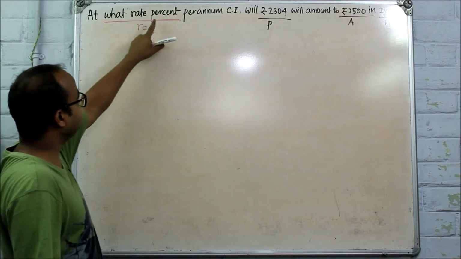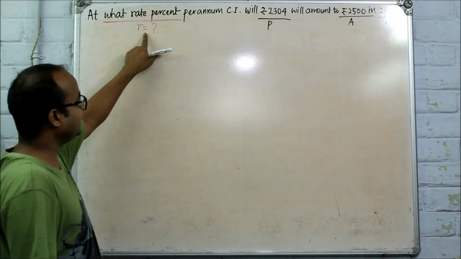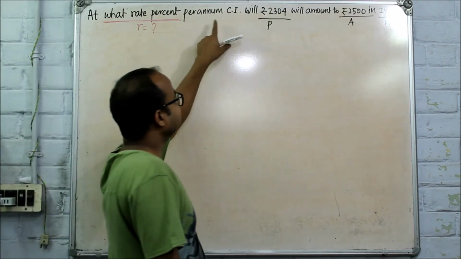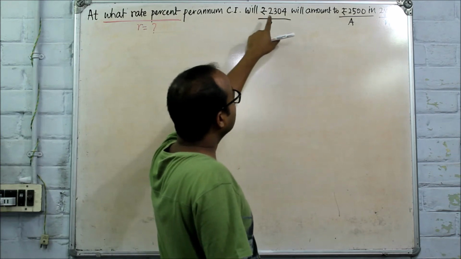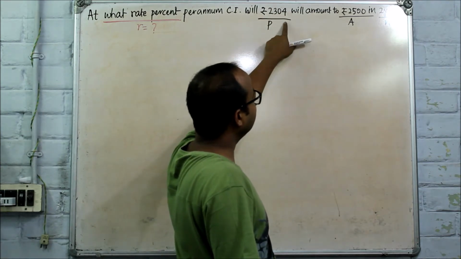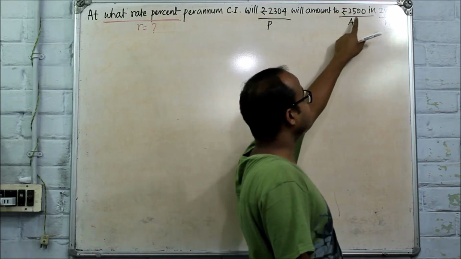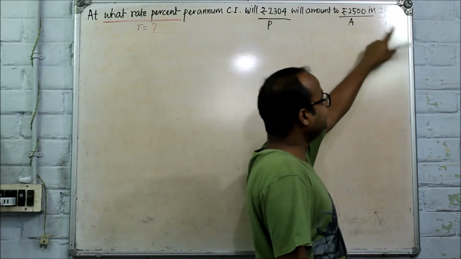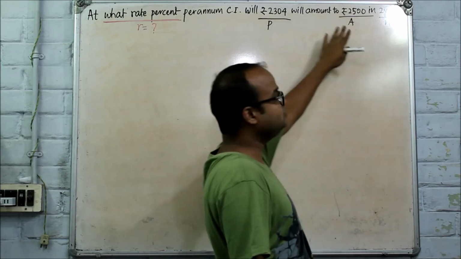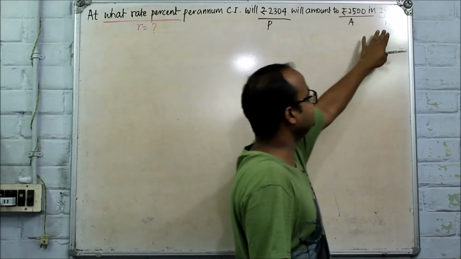I will read out the problem again for you. At what rate percent? That means we need to find out R. Per annum CI, rupees 2304 will amount to rupees 2500 in 2 years. So this is the amount given to you, this is the principal and this is the time.